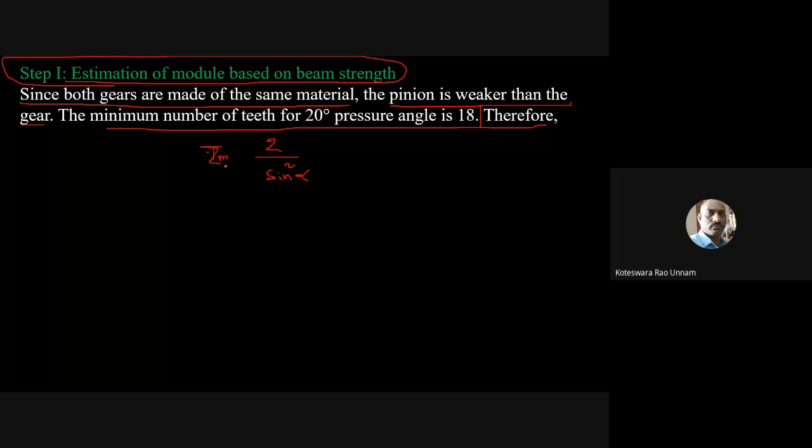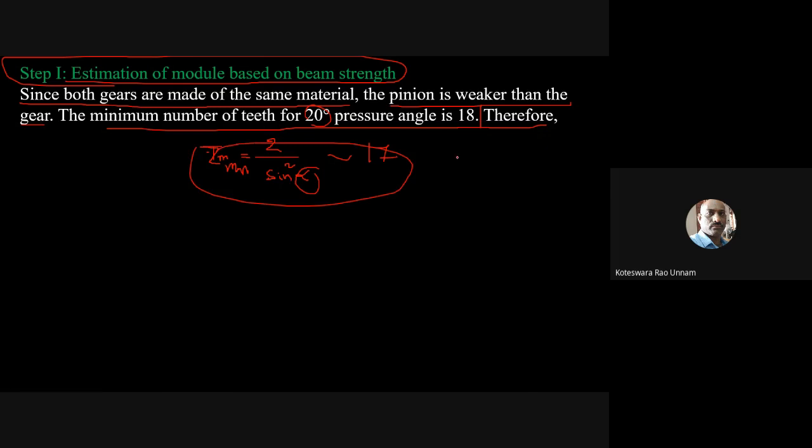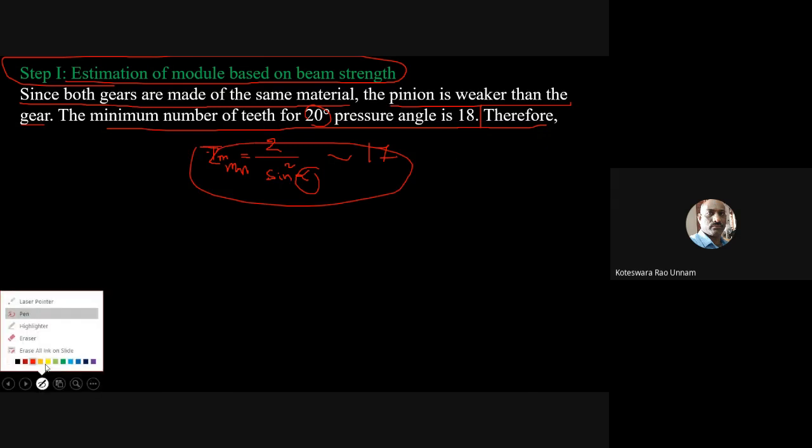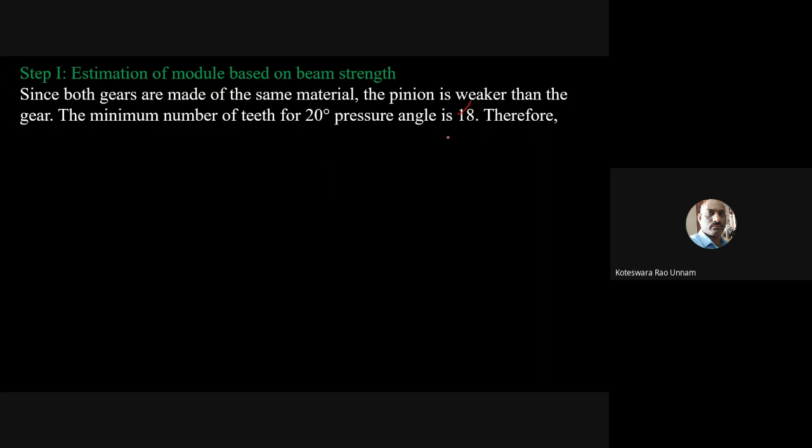We are using the symbol Z. So Z minimum is equal to 2 divided by sine square alpha. If you substitute alpha as 20 degrees, we get around 17. So this is the formula you need to use. Therefore we choose the minimum number of teeth, whether odd or even, as 18.